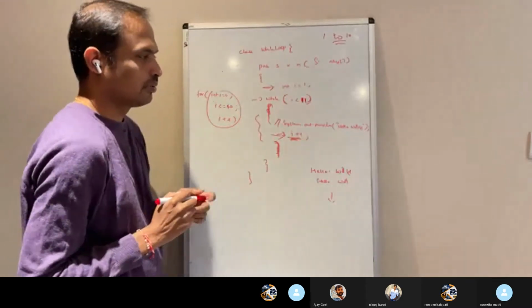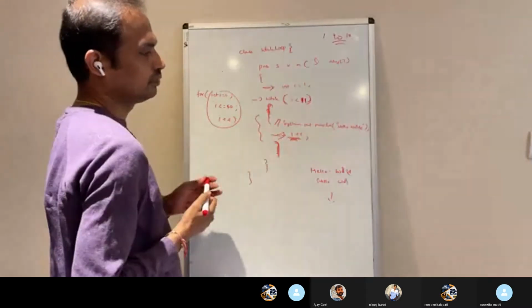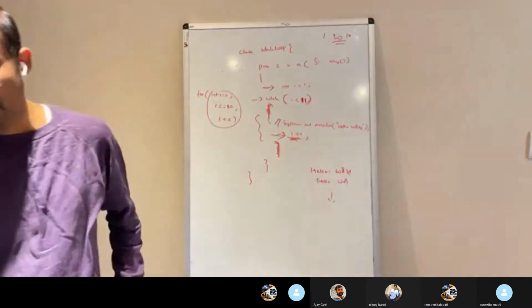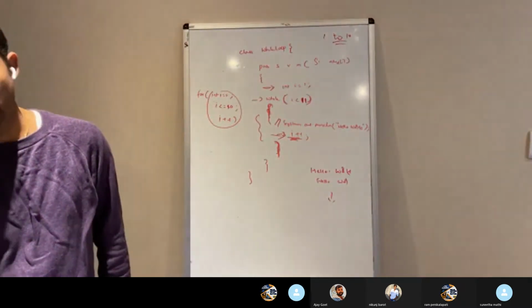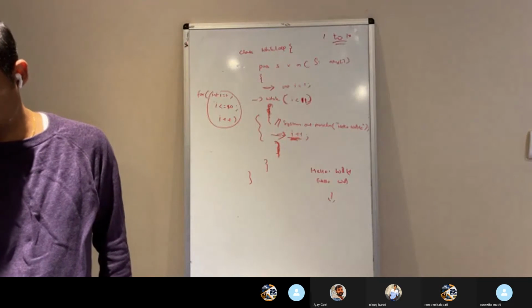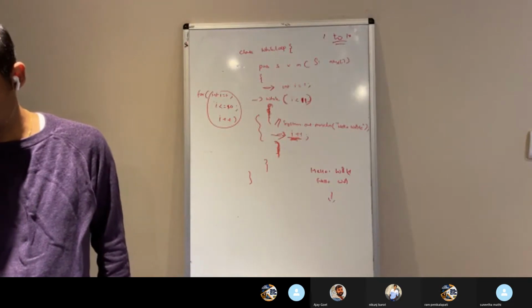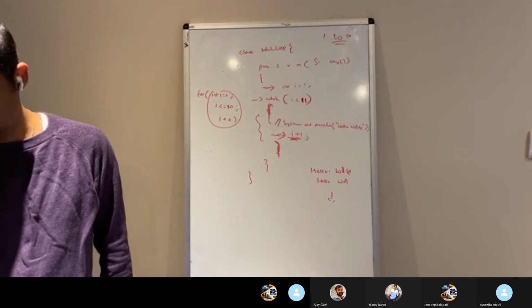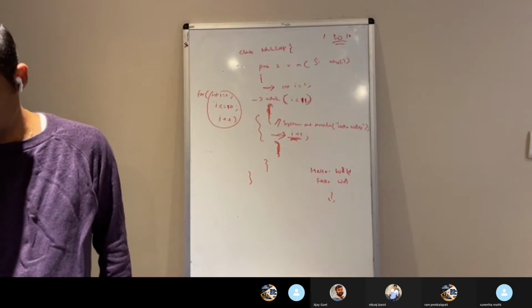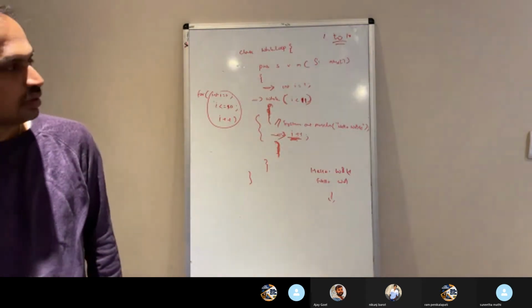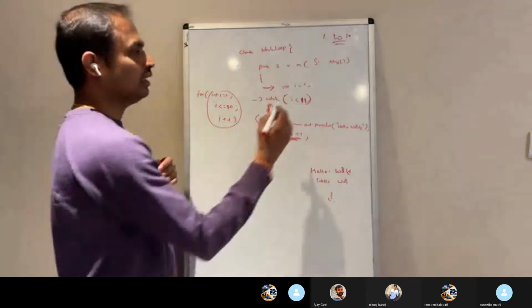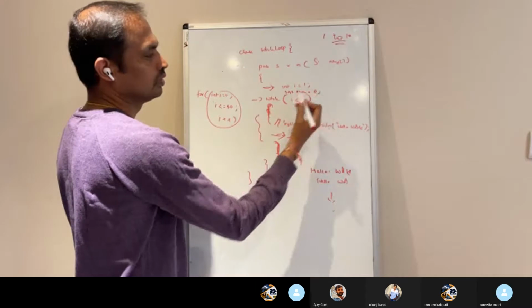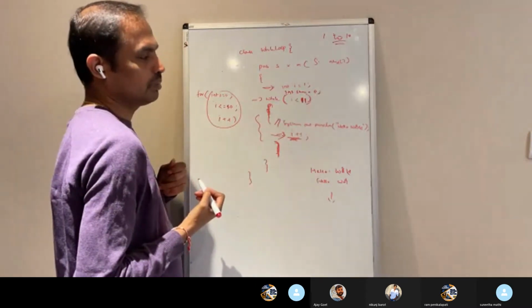Then how are you going to write it? What are you going to put here? Sum, right? I have declared sum. We need to declare int sum is equal to 0 initially.